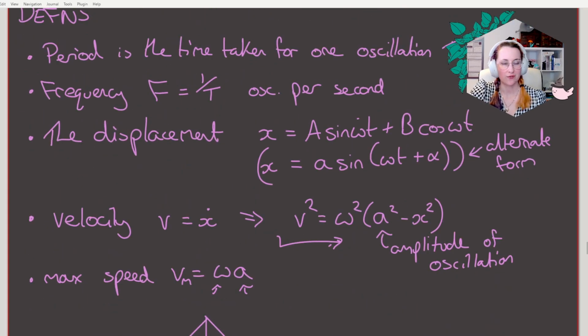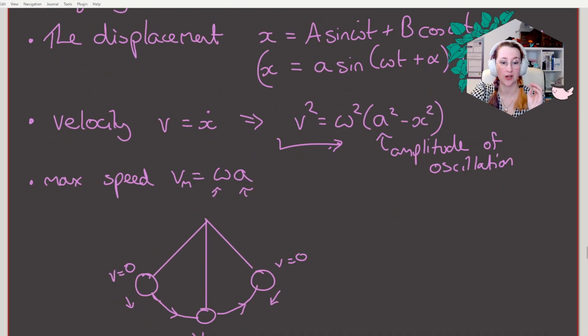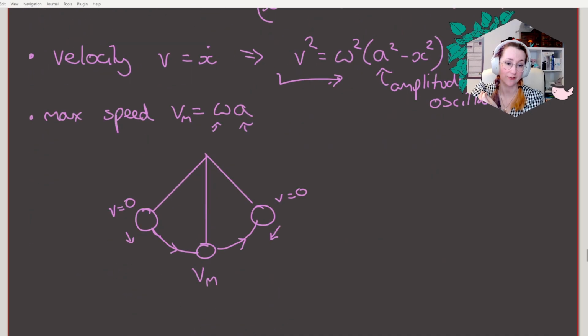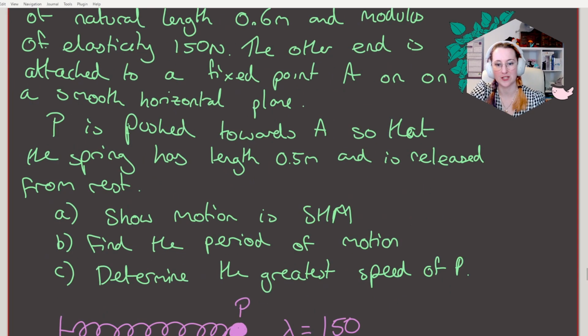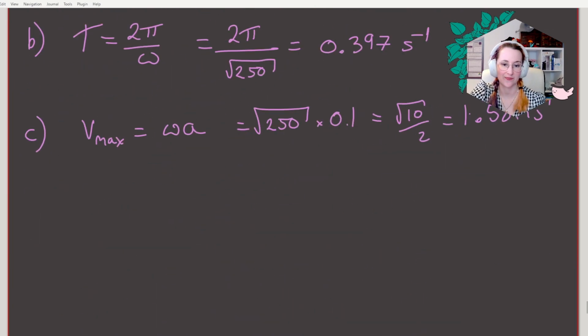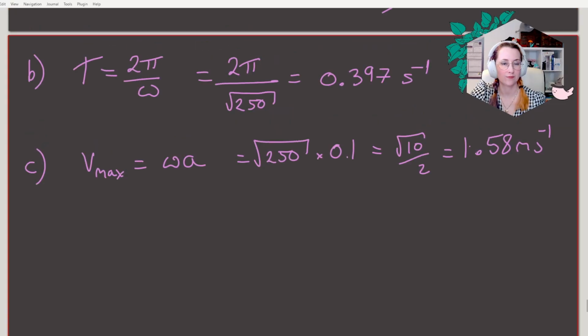We introduced a few different functions, values of SHM, so in particular looking at period, frequency, velocity, and in particular maximum velocity occurring at the fixed point itself, about which the thing is oscillating, so bottom point of a pendulum or natural length of a spring, and then just looked at a particular example of a particle on a spring oscillating about its fixed point and its natural length, and solved for some values.